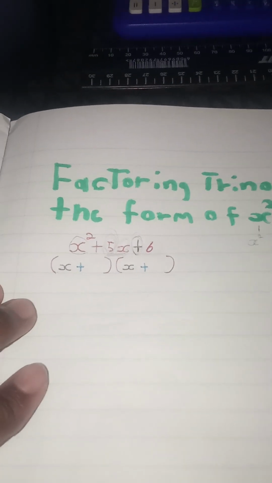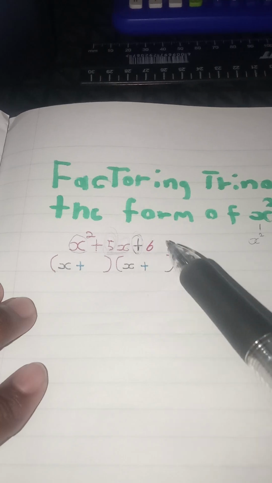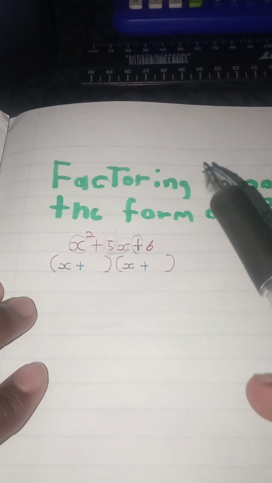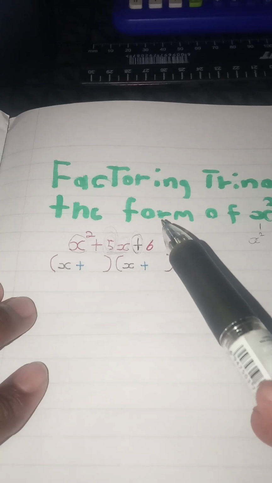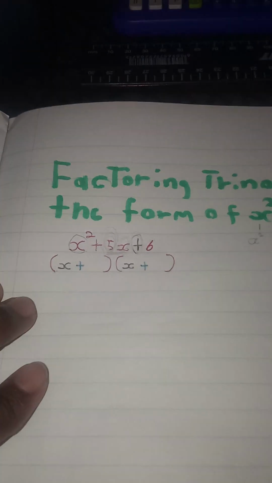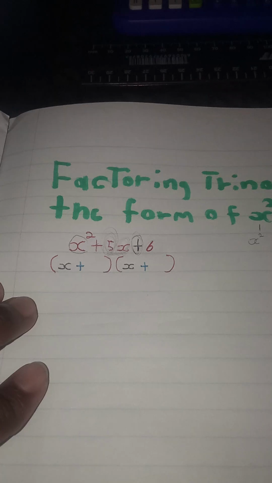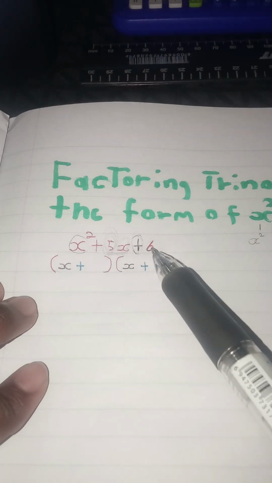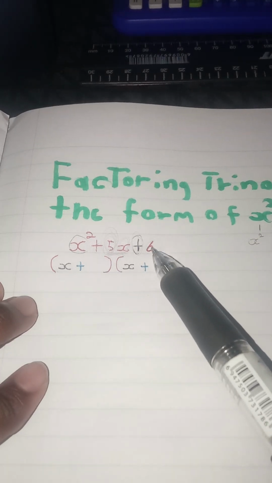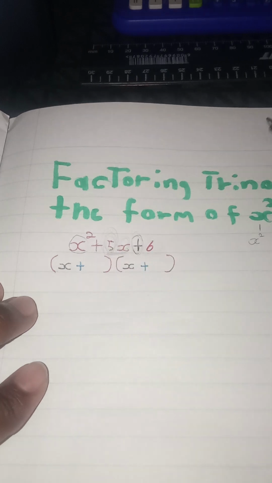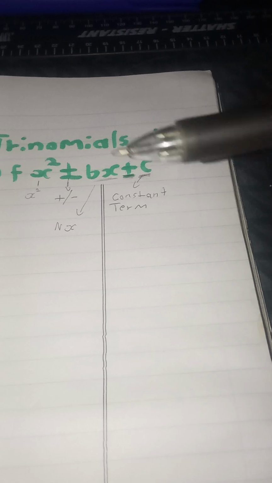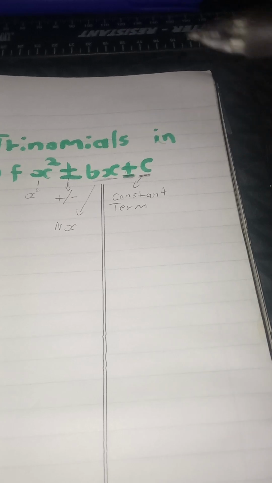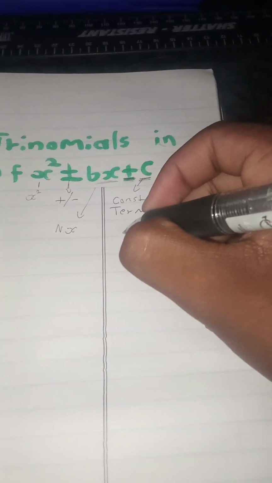You look for two factors of the constant term which, when you add them, give you 5. So let's get to the job. We have 6 and 5, so we're going to check for the factors of 6.